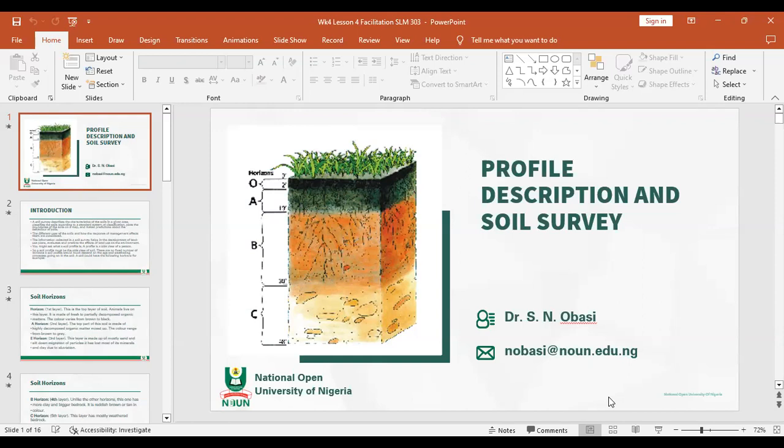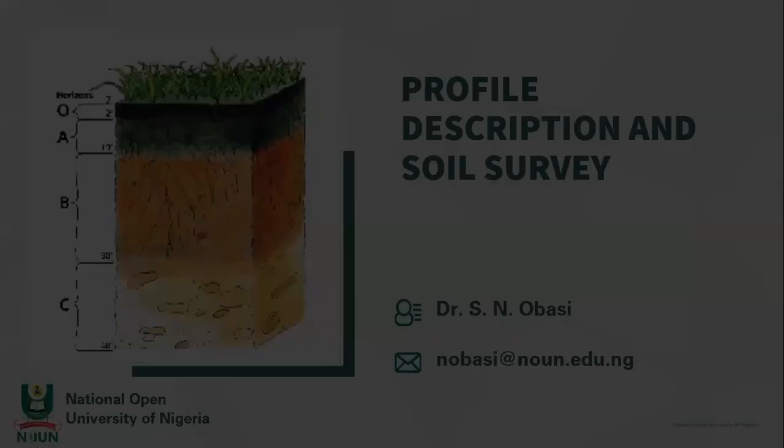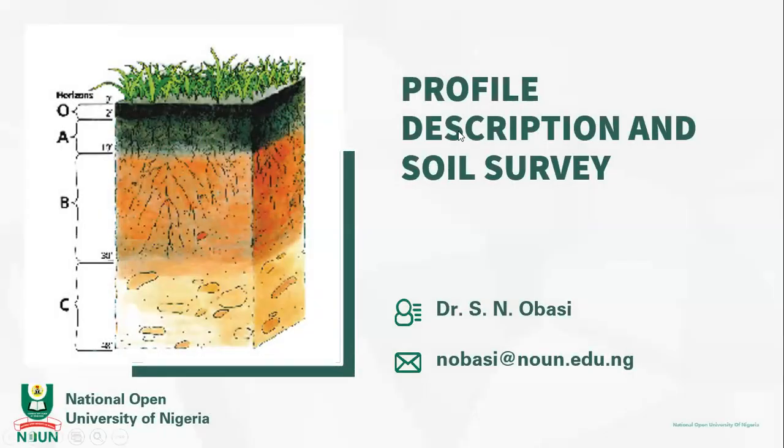It is the information we get from the soil profile that we use in soil classification. That is the basis for soil survey. That is why this topic is very important.